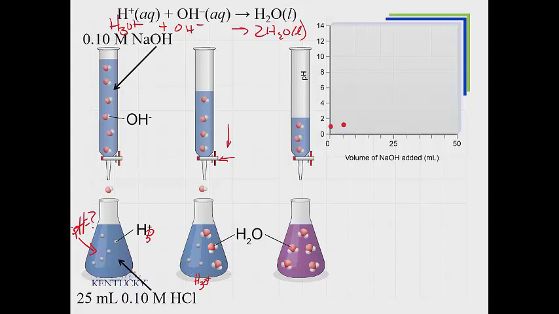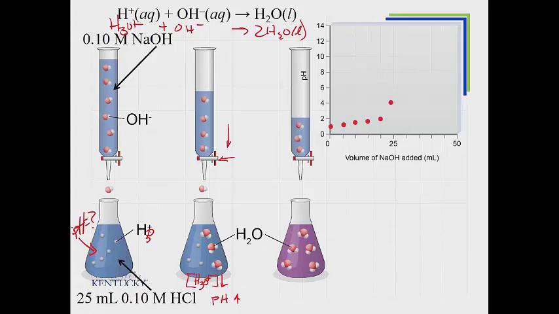H3O plus's concentration is decreasing because along comes the OH and it is turning it into water molecules. So the concentration is going down, causing the pH to rise. As the H3O plus is going down, the pH is going up, but it's still acidic. I still have acid in there, so I still have an acidic pH.